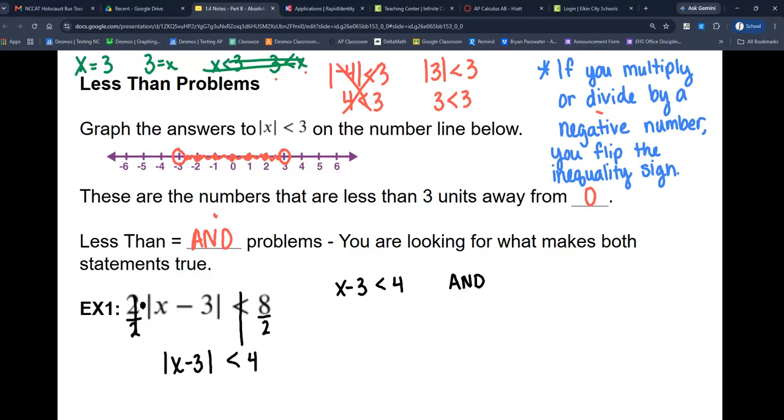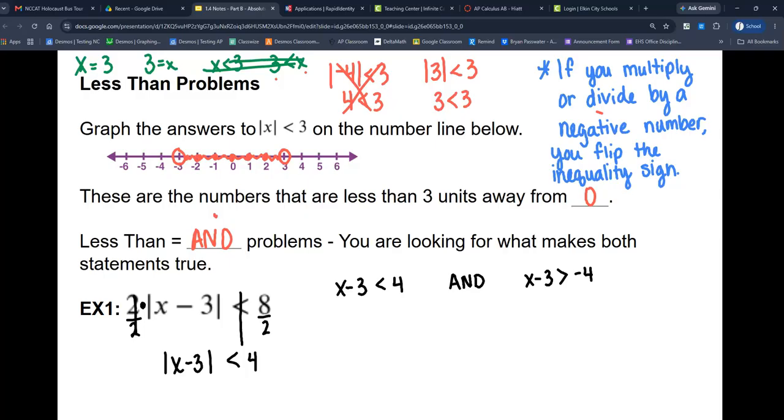So and we're going to have x minus 3, and we need to change this to a negative 4. But you also have to flip the sign. So we're going to flip this to a greater than. Okay, so when you rewrite it, the first one, all you do is drop the bars. First one looks exactly like it was. The second one, you have to flip the inequality sign and change this to a negative right here. Does that make sense?